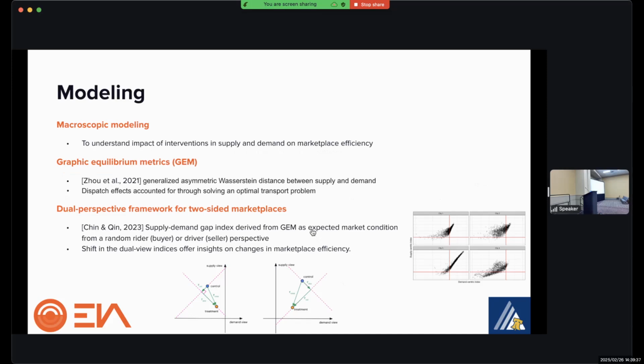So first of all, macroscopic modeling. The main purpose is to understand the impact of interventions in supply and demand on marketplace efficiency.